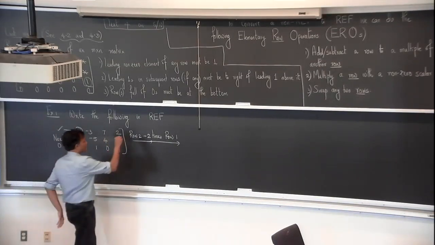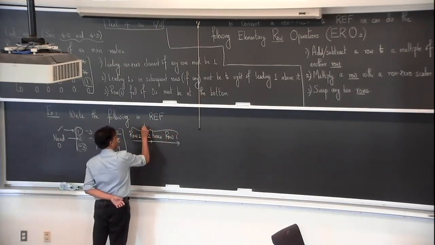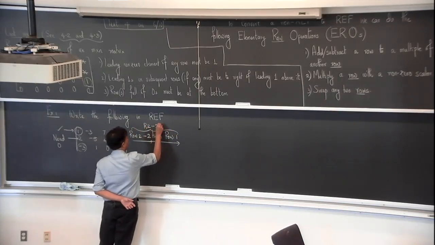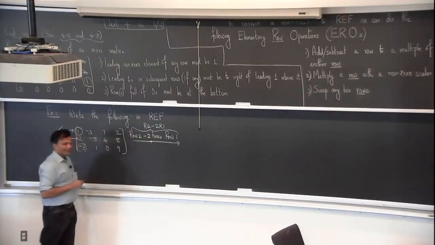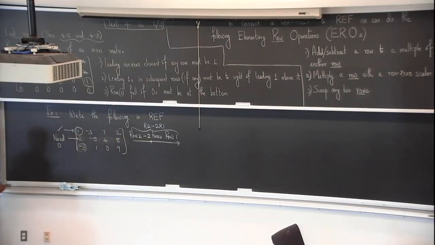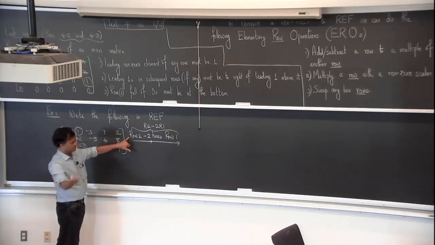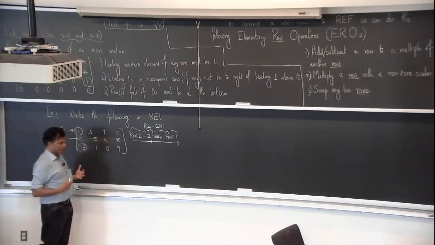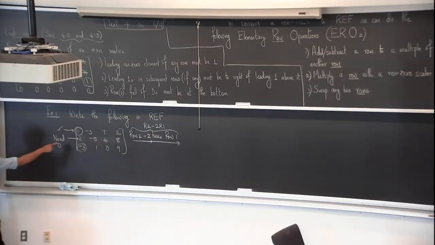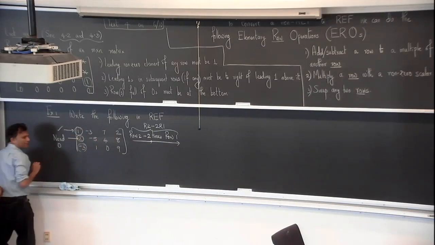So the usual way we write this for problems like this is R2 minus 2R1. That should tell you what we are trying to achieve here. The same should be done when you're writing this on a test: please make sure that you clearly show what operation you're doing so that I can know what you're doing. You can also correct yourself. So R2 minus 2R1, and that will help us get a 0 there.